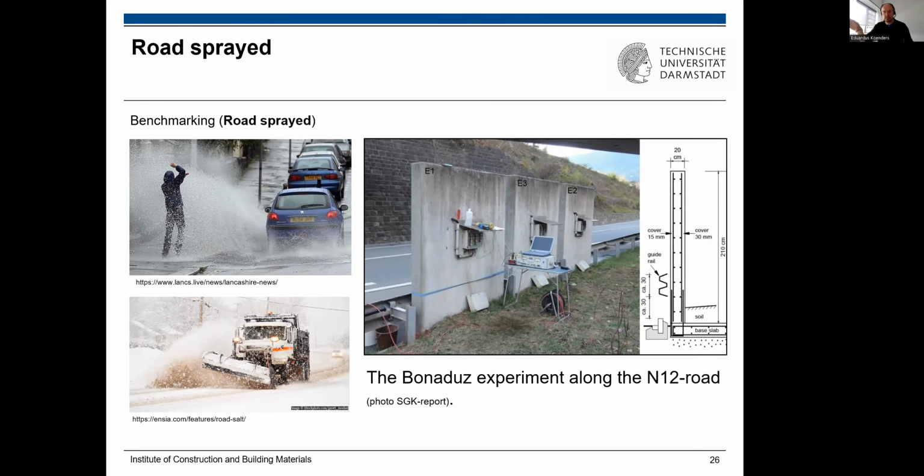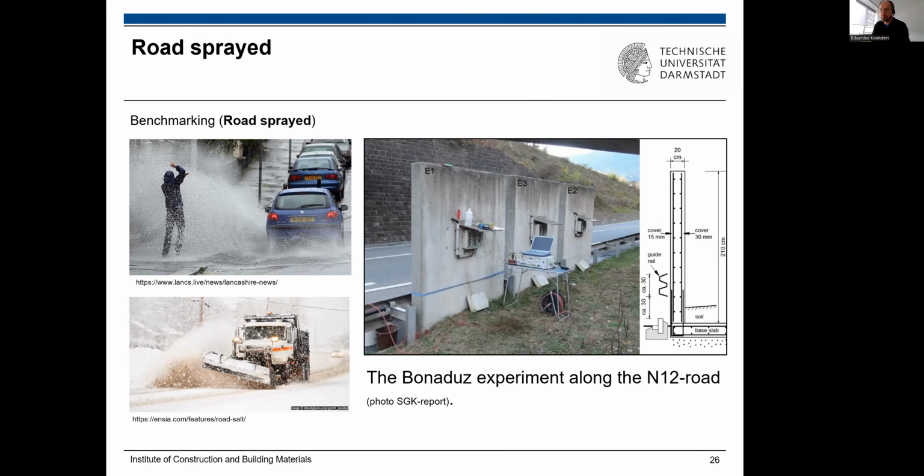The idea is that in the winter you have the de-icing salts, and then when the cars drive through the water, you have this splashing, and then you have it only during certain traffic, right? Depending on the velocity of the vehicles, depending on the salt, on the temperature, so very many uncertainties.